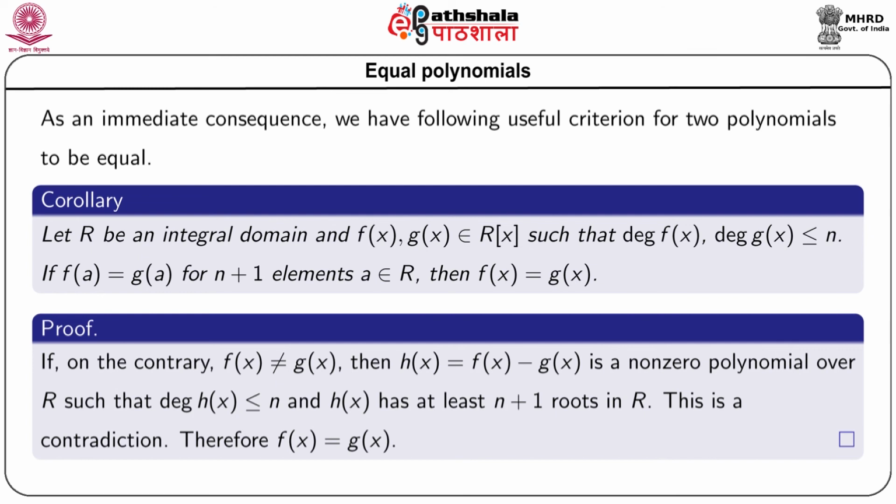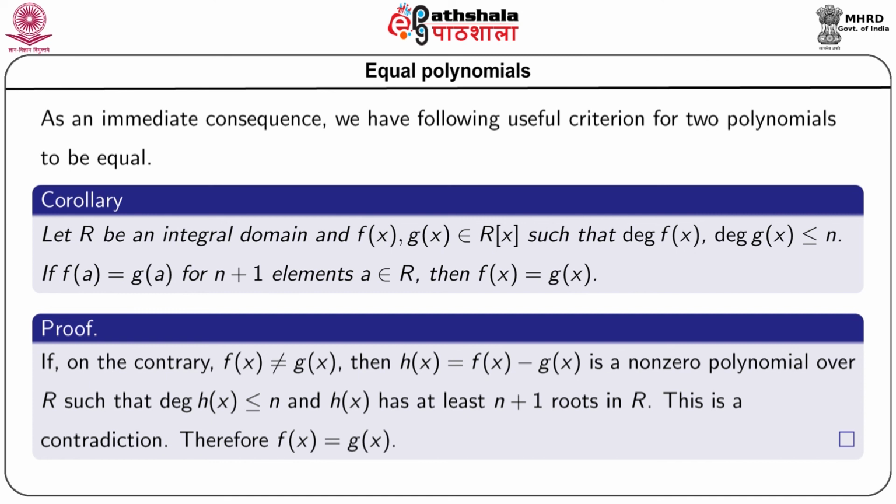Here we show that if R is an integral domain and f(x), g(x) are two polynomials whose degree does not exceed n, and f(a) equals g(a) for n plus 1 elements, then the polynomials f(x) and g(x) will be equal. We will prove this result by reductio ad absurdum, which we know as the contradiction method.